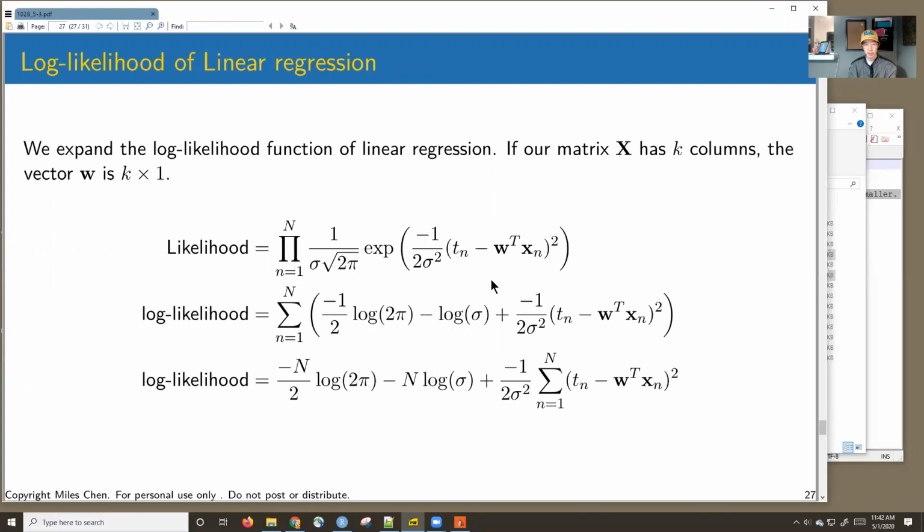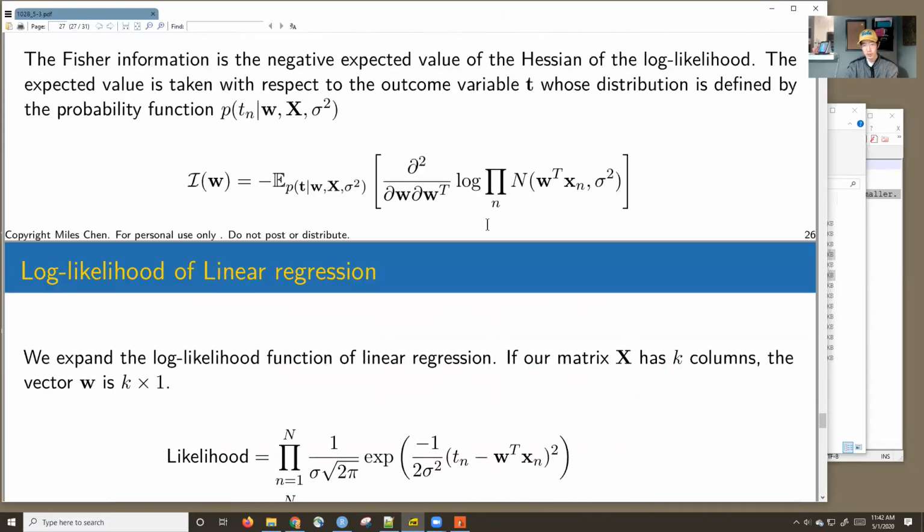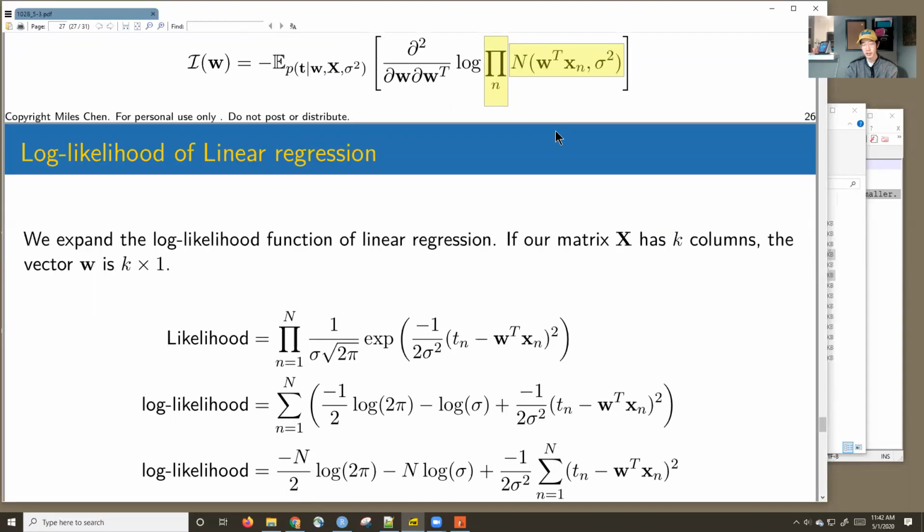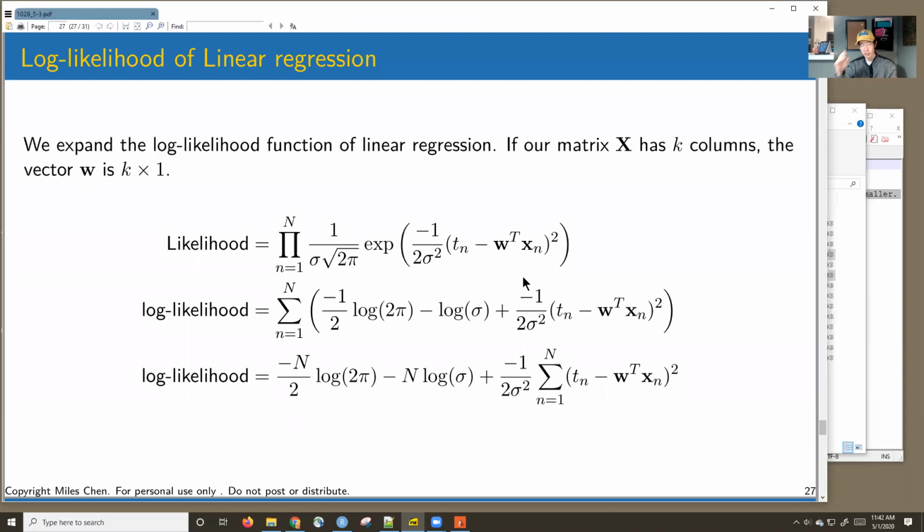Okay, I'm going to expand out the likelihood and the log likelihood. So this is the part I work on in this slide, and we saw this already in lecture 5.1 earlier this week. The likelihood function is the normal PDF.